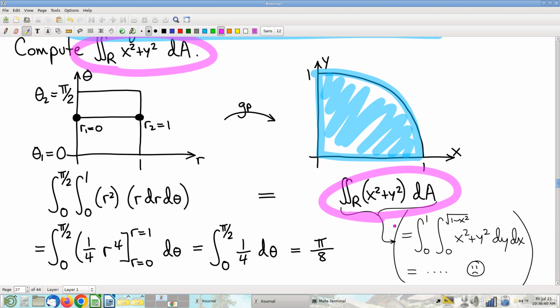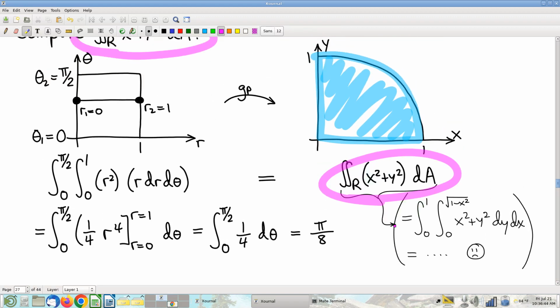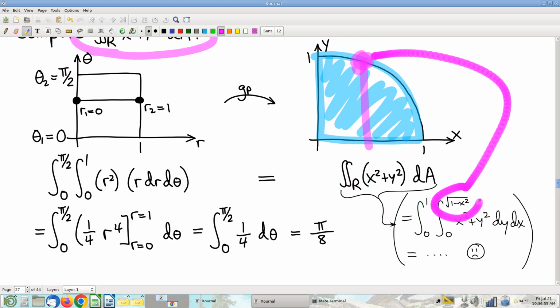If you slice and dice, notice that, of course, because of the equation of the circle, the upper bound on y for a given value of x is going to have a square root in it. And if you start carrying this through, it does not work out conveniently. It's an unhappy little integral there, if you do this the old-fashioned way, in rectangular coordinates.